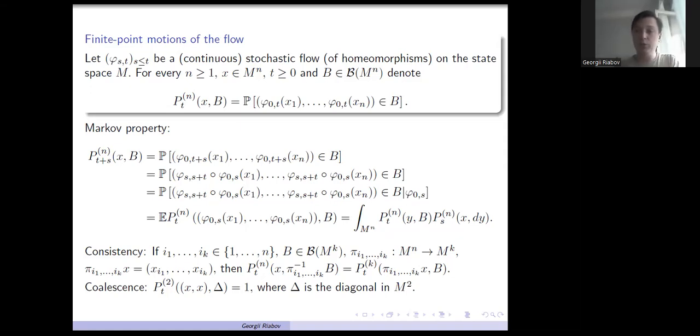And we will also look at some results about existence of random dynamical systems for such stochastic flows and for dual stochastic flows. And so then I will stop for today. Thank you for the attention.